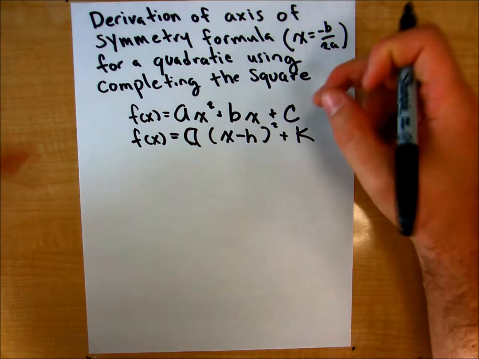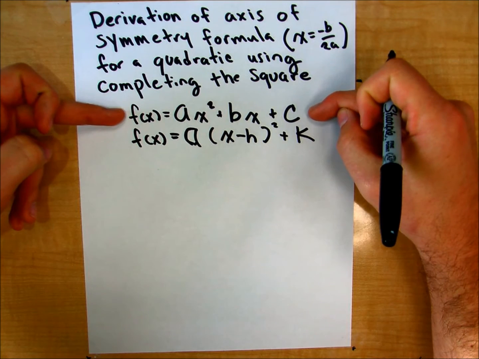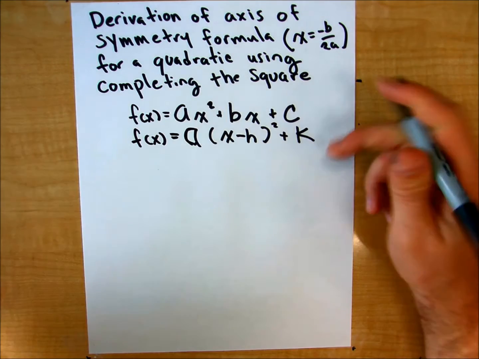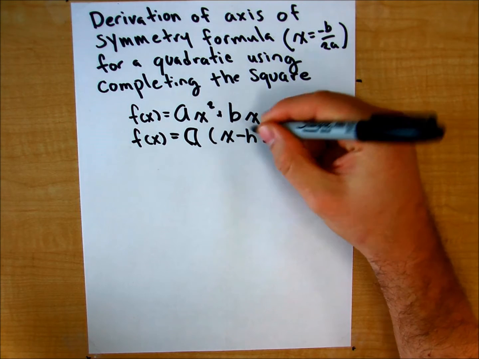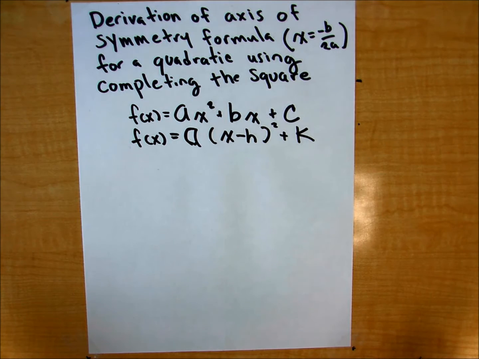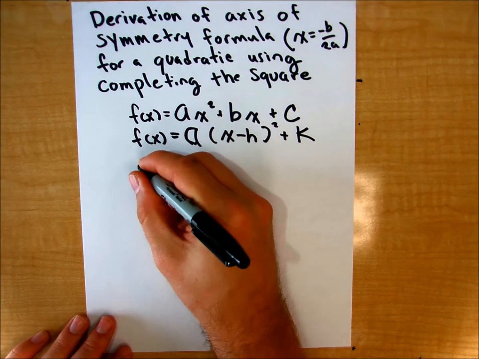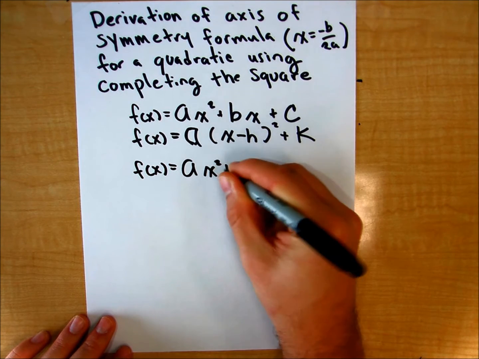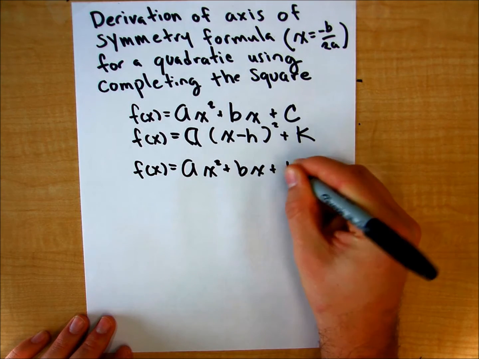So we're going to try to make this standard form look like this vertex form and then try to discover what h may be. So let me just rewrite our standard form here and get started.